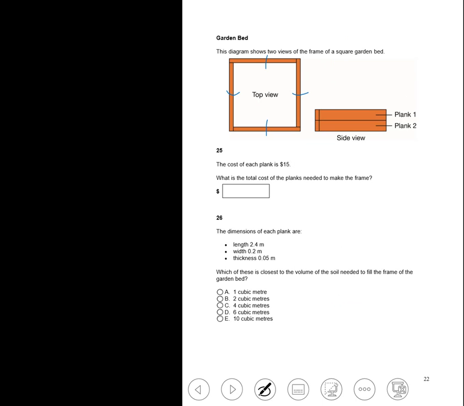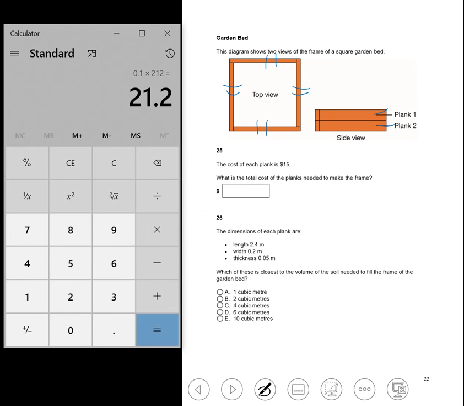That's 4. But there's 2 levels. They're stacked too high. So we've actually got 2 on each of those 4 sides, which is 8. So 8 times 15, I know it's 120, but you can always use the calculator to tell you. 8 times 15 is 120.